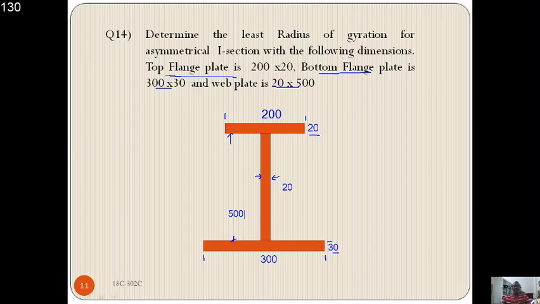So this is the total dimension they have mentioned for us to calculate the radius of gyration. And it should be the least radius of gyration. So we need to find rxx, ryy, and then report the lowest value as the least radius of gyration.